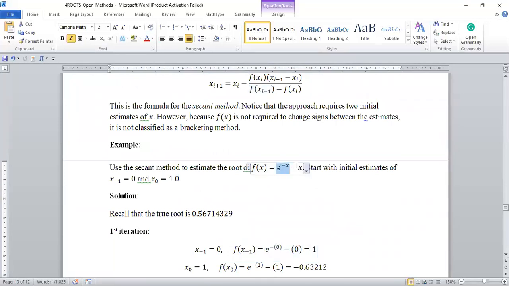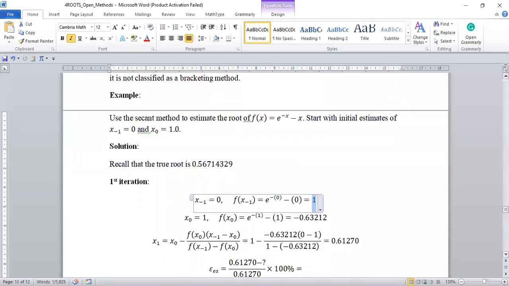This is the function. So in place of x minus 1, you put 0 because x minus 1 is 0. So you put 0 here, you put 0 here, and you arrive at the value of the function at x minus 1.